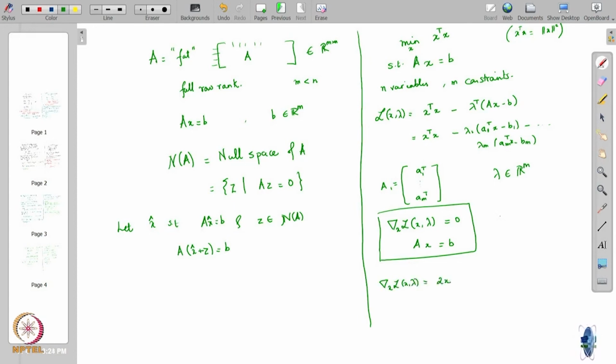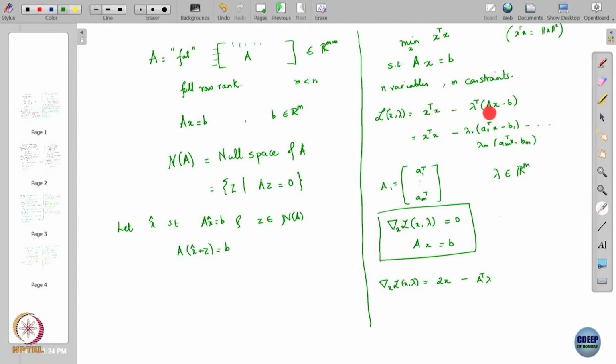So it's 2x minus A transpose lambda. This is the Lagrangian, and I am taking its gradient with respect to x.